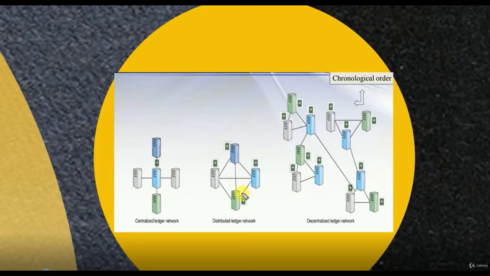In the distributed network, you are not storing a copy of all the data, transactions and records in all the servers; you split the data into sub-data and store each sub-data in one server. That is the distributed server. But even here there is a point of failure. If one of the servers fails, you cannot get the data from that server.